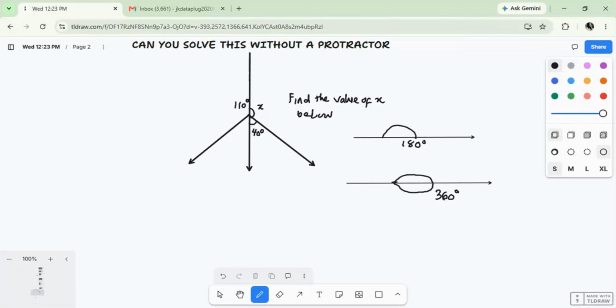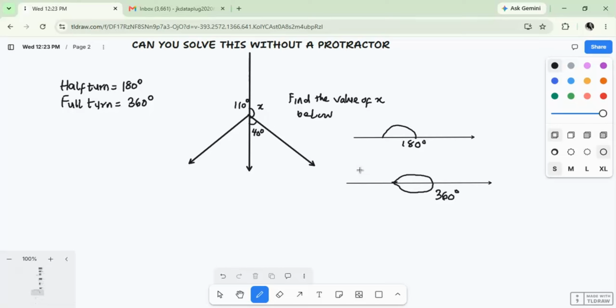If you have a half turn, it is equal to 180 degrees. But if you have a full turn, it is equal to 360 degrees. Once you know what your angle budget is, add what you know, subtract it from the budget, then you solve for the unknown.